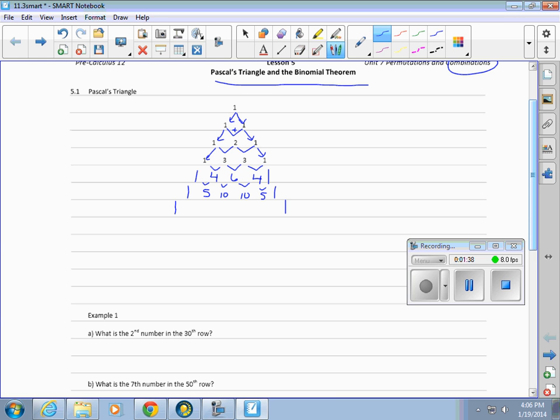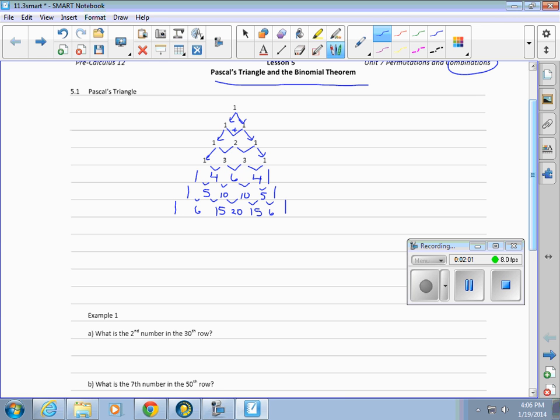The next row would be my 1's on the end. 1 and 5 is 6, 5 and 10 is 15, 10 and 10 is 20, 10 and 5 is 15, 5 and 1 is 6, and then my 1. And I could continue this pattern forever and ever, really.